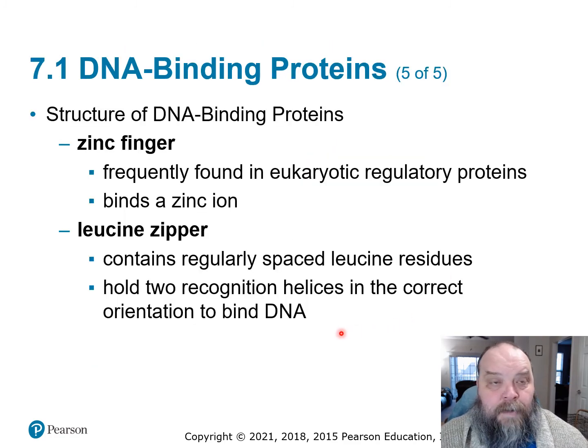Other DNA binding proteins that you'll see mentioned in the textbook or in the primary literature are zinc fingers and leucine zippers. Zinc fingers are going to be mostly eukaryotic. It is a DNA binding protein where atoms of zinc allow for binding, zinc to the polypeptide and to the DNA double helix.